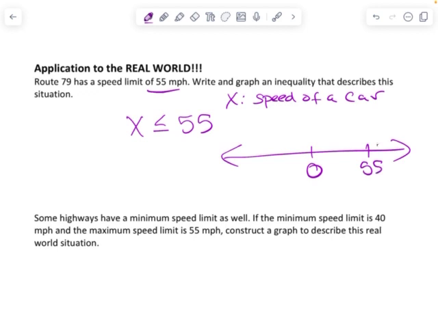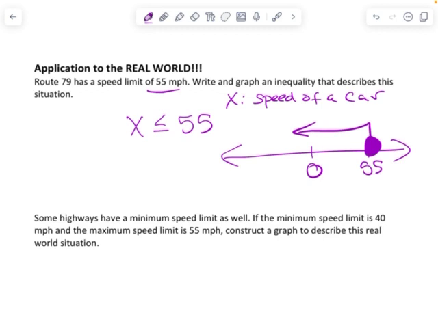So I should have 0 and 55. And I will make a closed point at 55 because I can drive 55 miles an hour. And I can also drive at less than. Now, this brings up a conversation with how safe is it to drive very slow on I-79, or can you drive negative miles an hour?